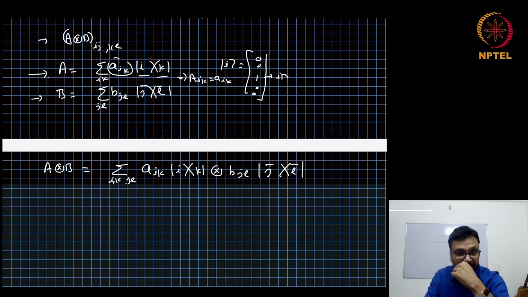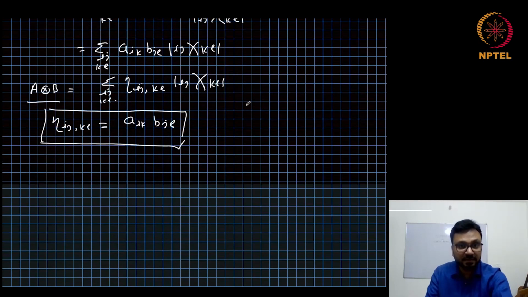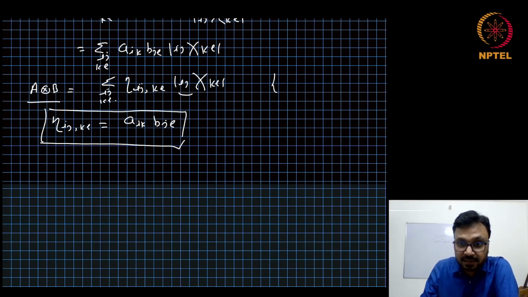The ikth element of the matrix A is just a_ik, the coefficient of |i⟩⟨k|. Similarly, the b_jl element is just b_jl. So if we compare this representation with this, here the computational basis is |ij⟩. So this becomes the orthonormal basis in H_d1 tensor H_d2, and this is the orthonormal basis.